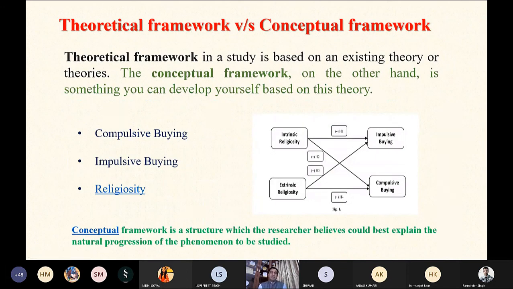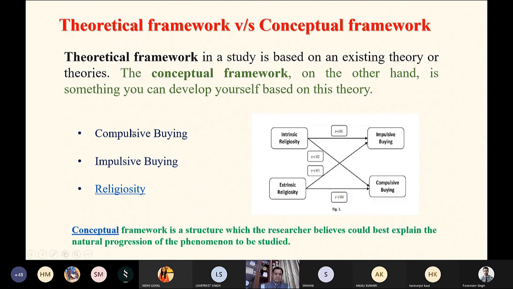Now, normally we get confused whether the theoretical background and the conceptual background are the same or different. My dear friends, the theoretical background or theoretical framework of the paper is not the same as the conceptual model in the research manuscript. When we club two or more theories in order to develop our research model, that becomes the conceptual model for the paper.